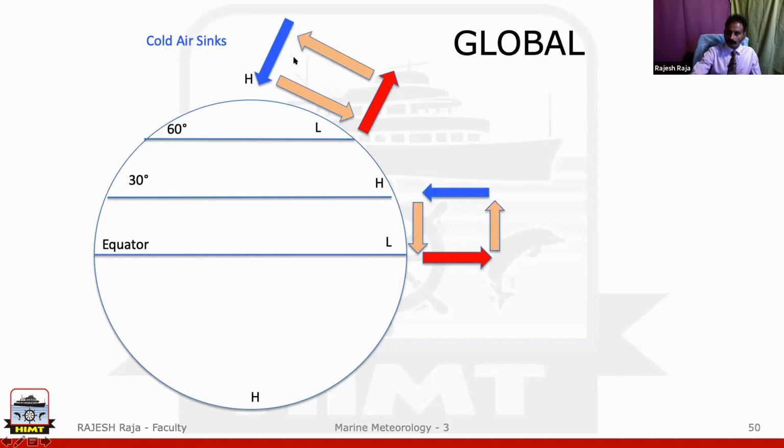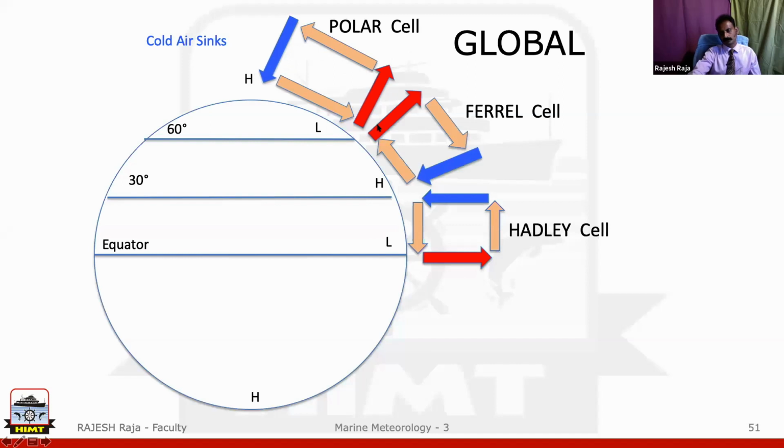Now, the effect of these two loops gives us one more loop here, which is a kind of secondary effect of these two loops. So what I can say is this parcel of air here, the air which is adjacent here also will come down, and air adjacent here also will go up, and it forms the third loop. So these are the three loops which we normally find in reality.